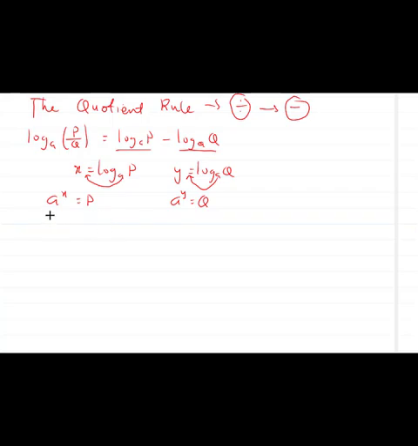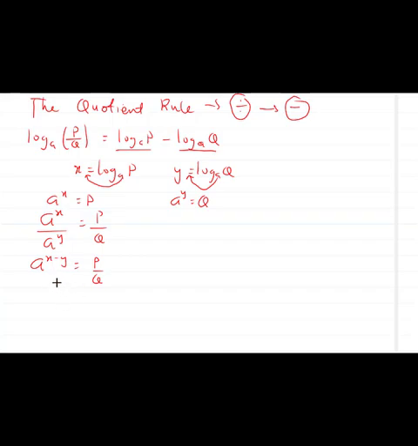So I can say a to the power of x over a to the power of y will give us p over q. Then if the bases are the same and they are dividing, what do we do with the indices? We subtract the powers. So we can write a to the x minus y is equal to p over q.